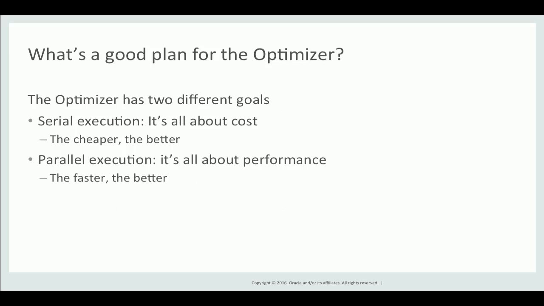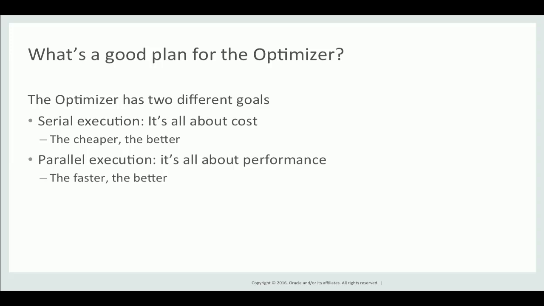And the Optimizer actually has two different objectives depending on how you're executing your queries. If you execute your queries serially, so a single process is involved in executing that query, the Optimizer is all about cost. It is looking to find the plan with the lowest cost. And the mental mindset is the cheaper the better.